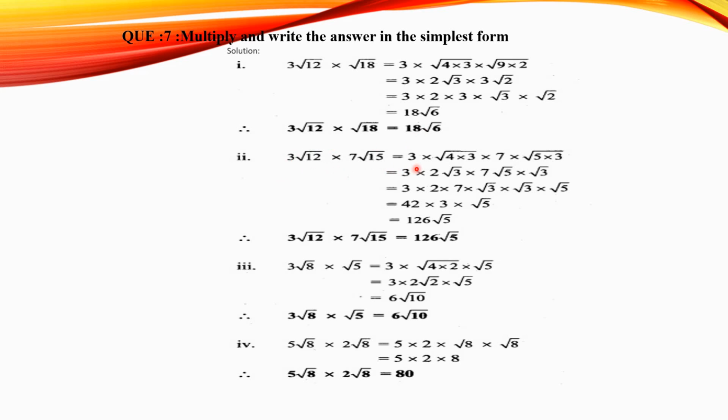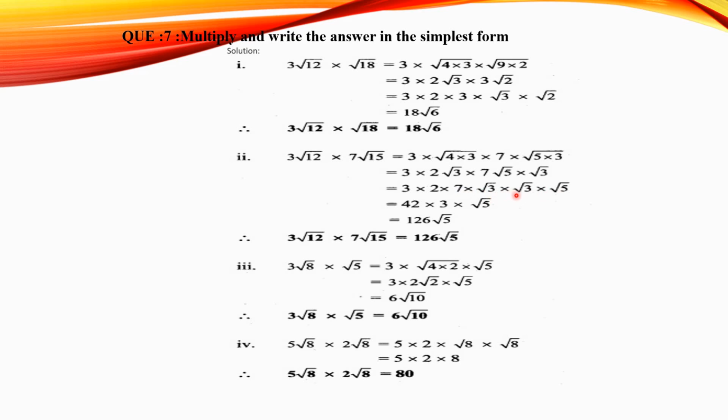So again here we have 3 multiplied to square root of 4 multiplied to 3 multiplied to 7 multiplied to square root of 5 multiplied to 3. So 3 multiplied to square root of 4 can be written as 2 square root of 3 multiplied to 7 multiplied to square root of 5 multiplied to square root of 3. So here 3 multiplied to 2 multiplied to 7 can be written separately, and root 3 multiplied to root 3 multiplied to root 5.